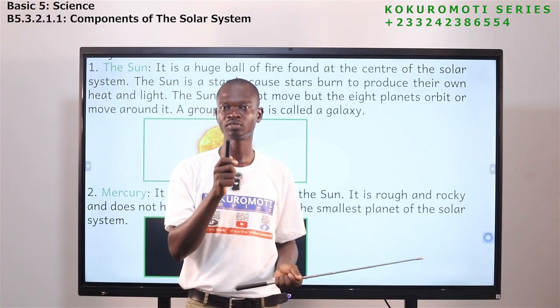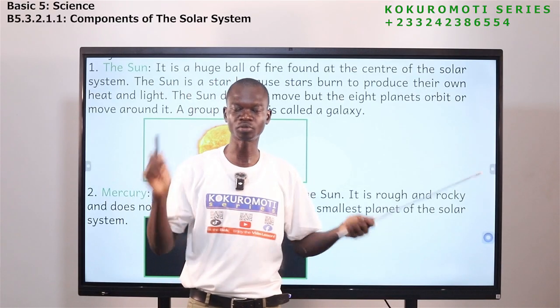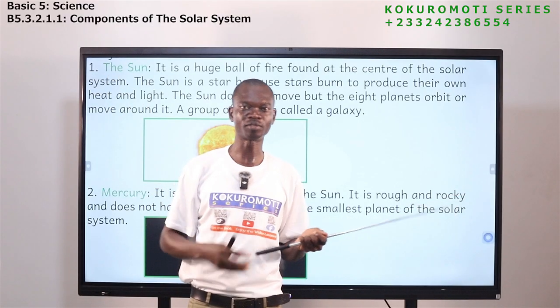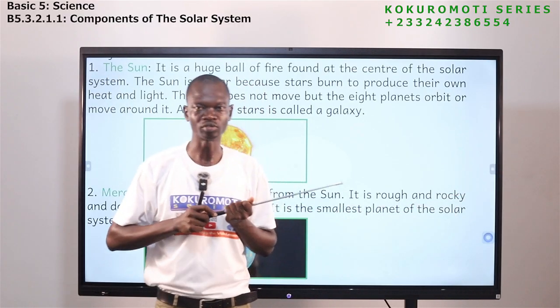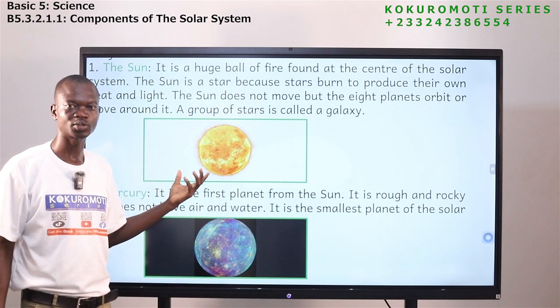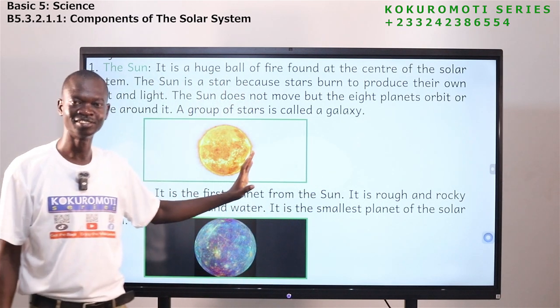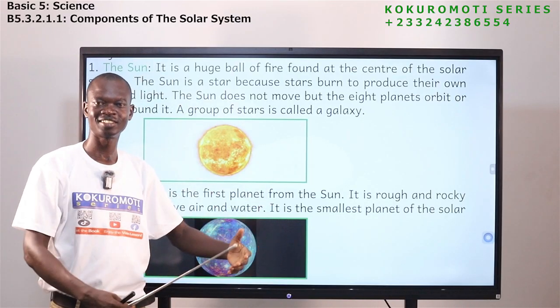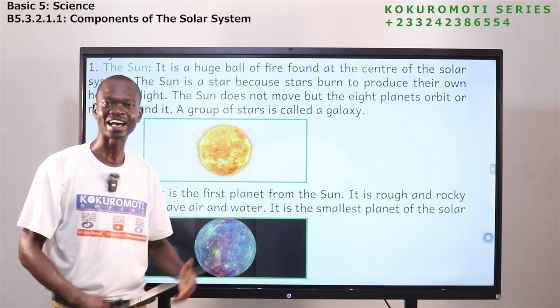Remember, the moon is not a star because the moon doesn't produce its own light. The light that we get from the moon is not produced by the moon. It's the reflection of the light from the sun. So the moon reflects the light from the sun, and it comes to Earth as light.